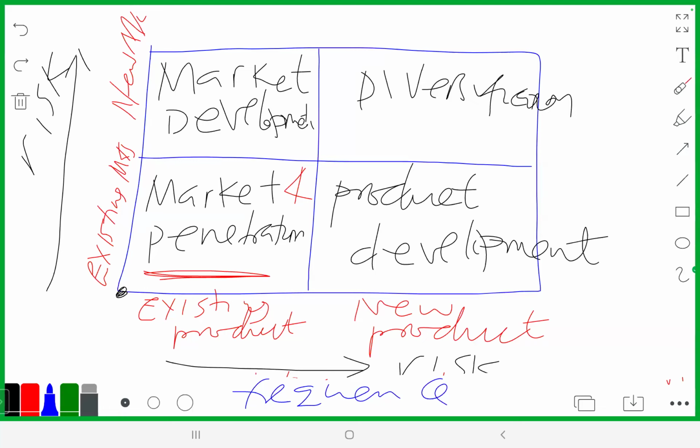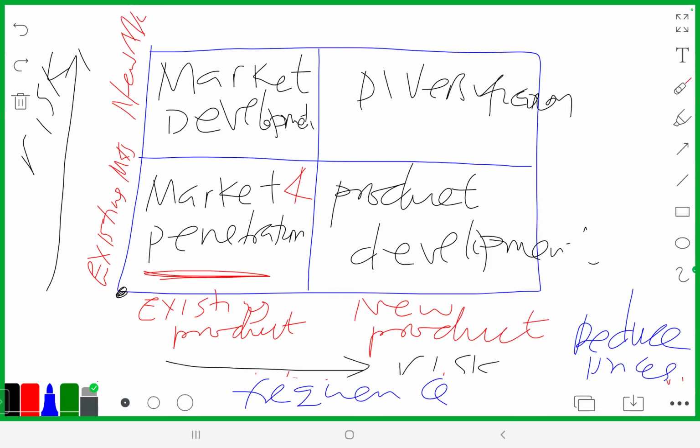You acquire customers from a competitor and you reduce prices. You can reduce prices here in the first quadrant when you're penetrating the market.